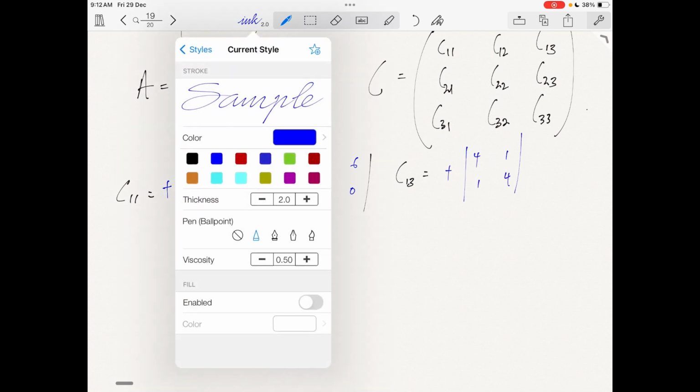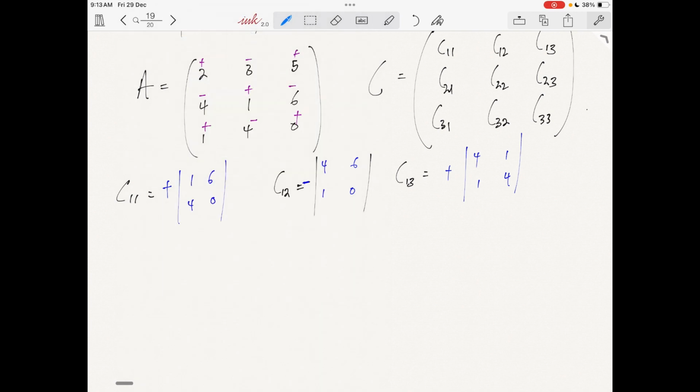Now let's do the same for C21. The sign is negative. If we take the vertical and also the horizontal, we are left with 3, 5, 4, 0. Now let's evaluate C22. C22 is positive, at the center. Looking at the horizontal and the vertical, we are left with 2, 5, 1, 0, and that's positive.